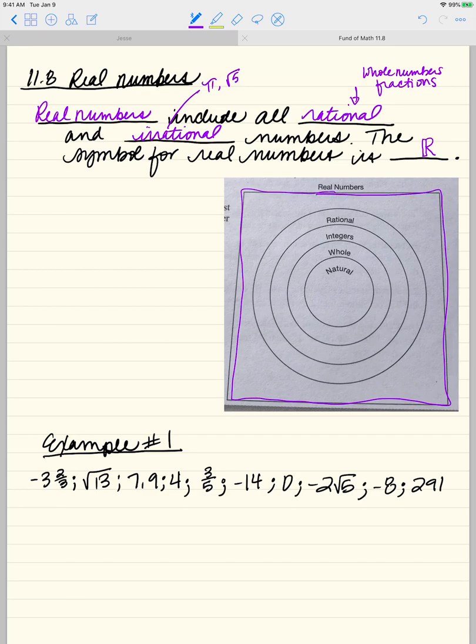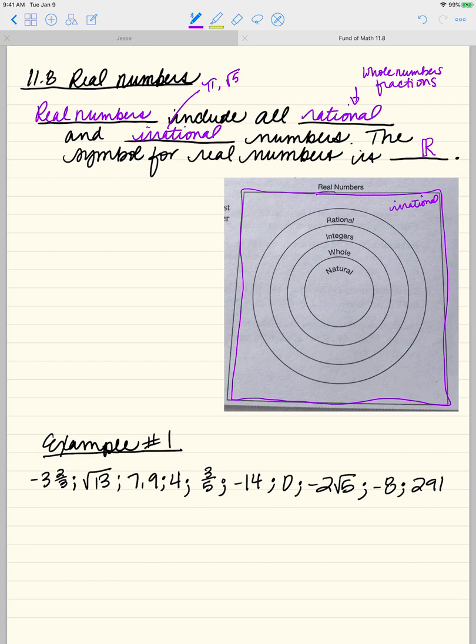Everything inside that big box are the subsets or subcategories of real numbers: rational numbers, integers, whole numbers, natural numbers, and the irrational numbers are out here, okay?